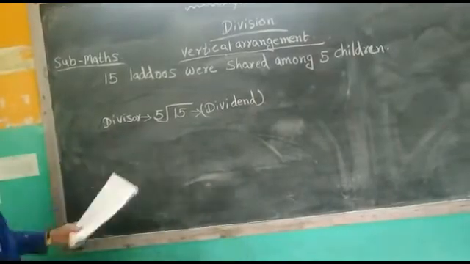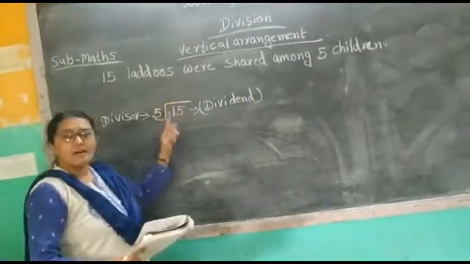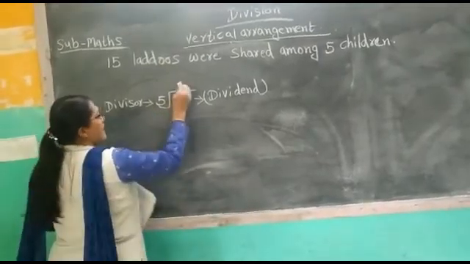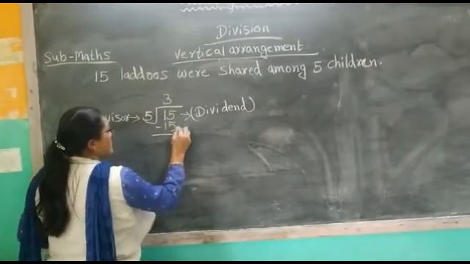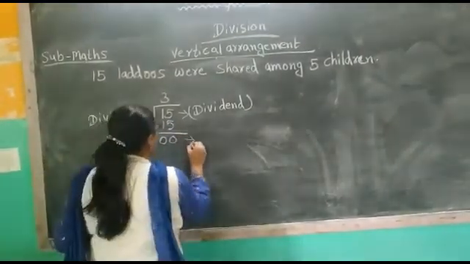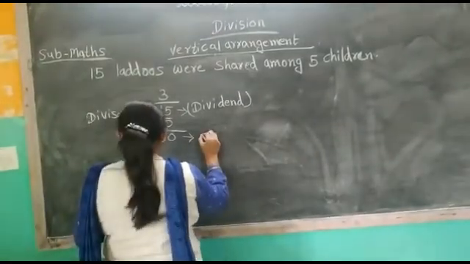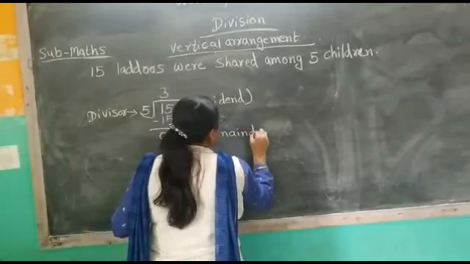Now how will we solve this sum? 5 threes are 15. So 5 minus 5 is 0, 1 minus 1 is 0. So 0 is the remainder.